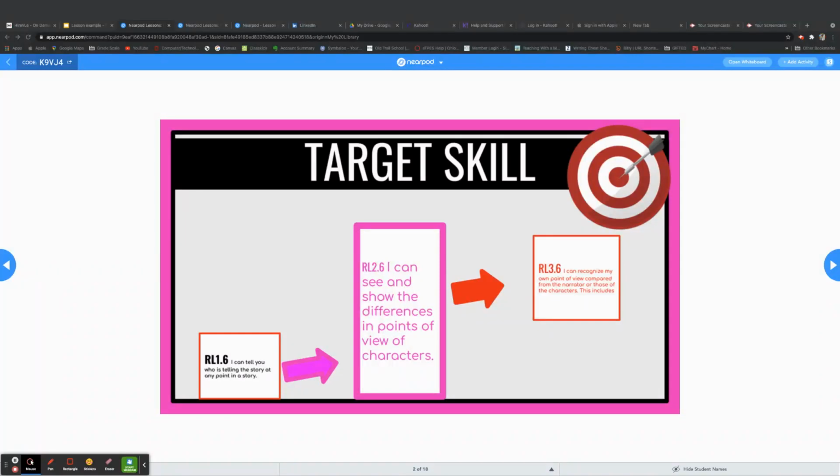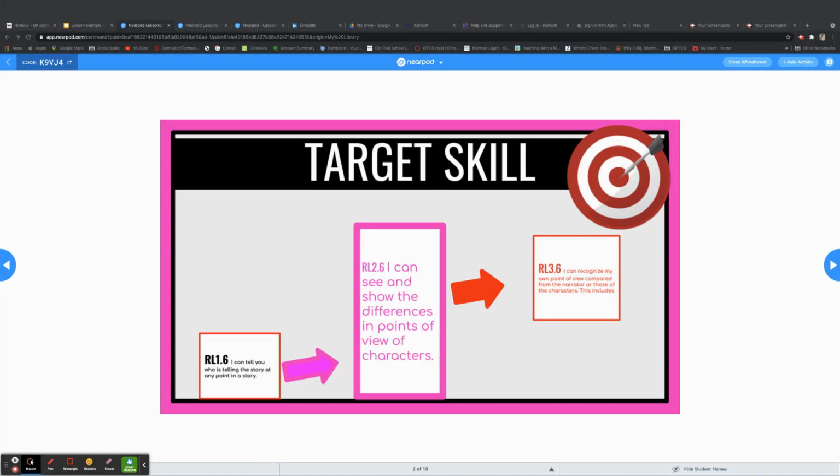We're going to go over some of the important things we'll be hitting today during class. Our target skill for today is: I can see and show the differences in points of view of characters. When we're talking about point of view, there are different ways of looking at it as well as different perspectives.